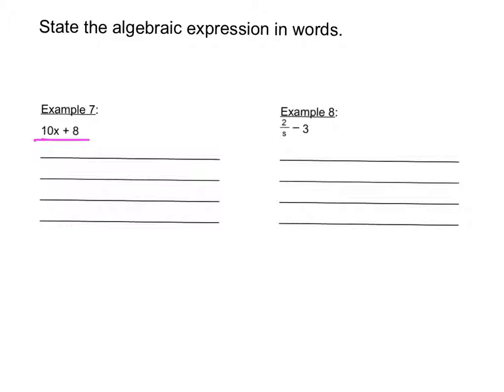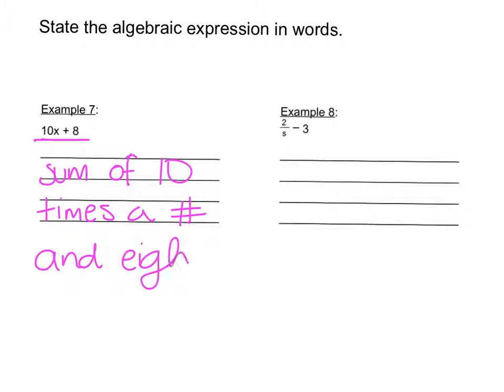So we could say the sum of 10 times a number and 8, because we already said sum. This is not the only way to write it, but this is one way. So we have the sum, which is our plus, of 10 times a number and 8.